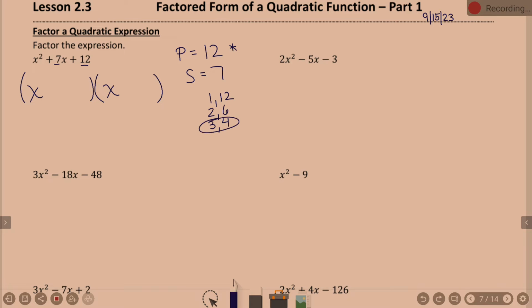3 and 4. And if they multiply to be a positive and add to be a positive, both of them are going to have what kind of signs? Positive signs. So we have x plus 3 times x plus 4. Okay? How can we check ourselves? Can we FOIL it back together?